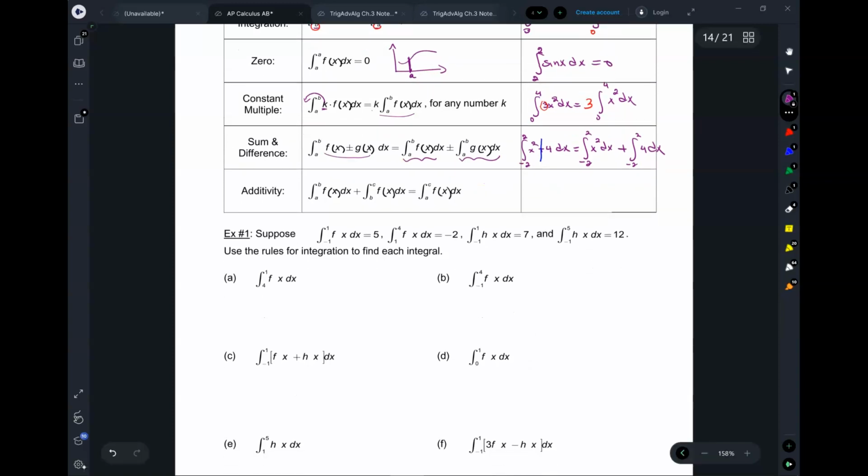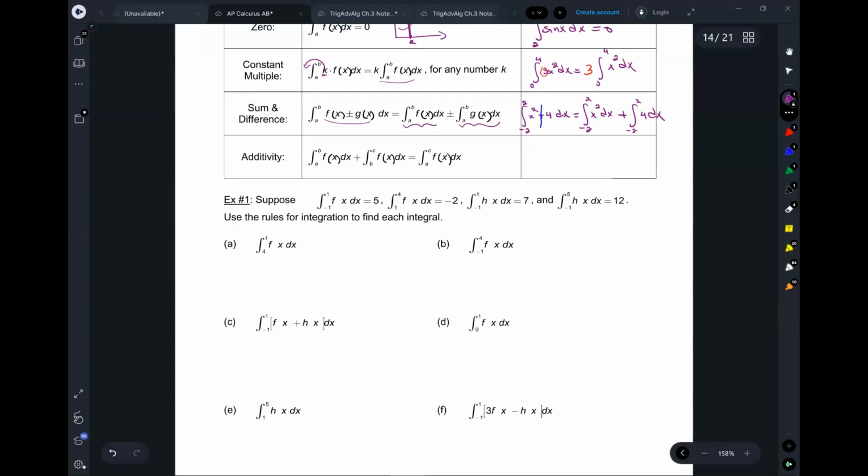Okay, next up, take a look at this. Here we have the integral from A to B f of x dx plus the integral from B to C f of x dx. Okay, so think about that. That's area, right?